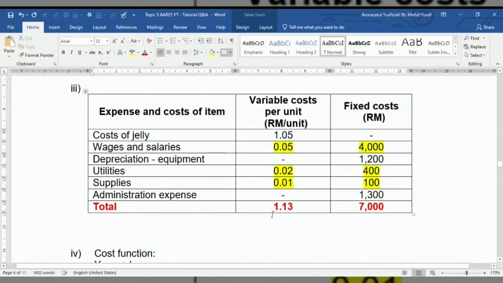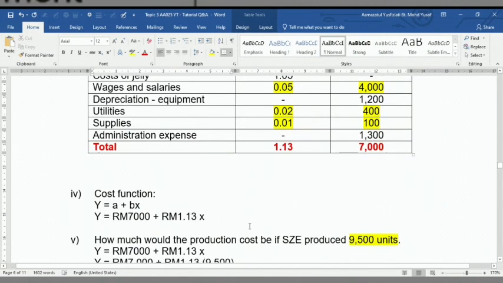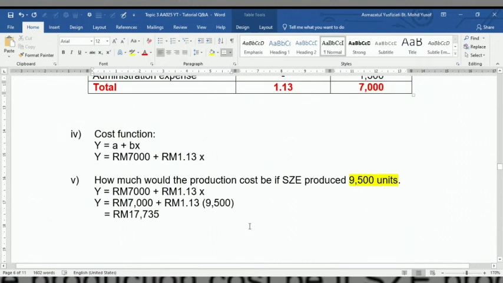Okay, now you can proceed to question 4 Roman. In question 4 Roman, they ask for cost function. So to form a cost function, you use the formula y equals to a plus bx. In 3 Roman, you have calculated the total fixed cost and the variable cost per unit.